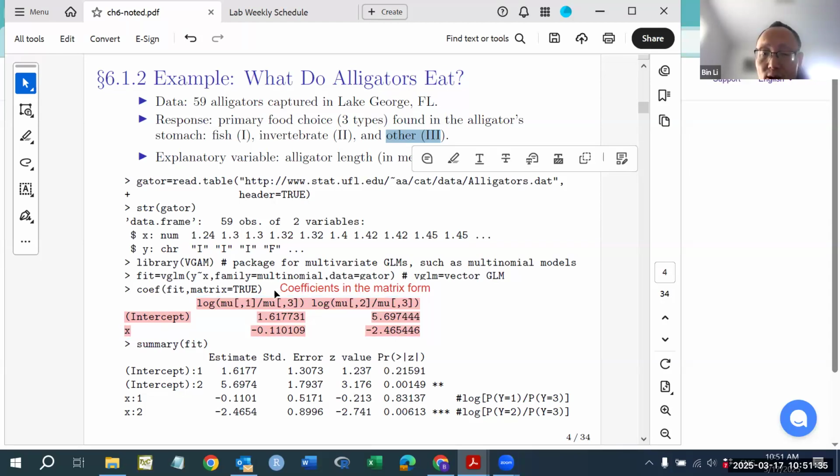So that's for the log odds between fish and others. For the invertebrates against others, the log odds model has an intercept of 5.7 and negative 2.4 as the slope for the length.